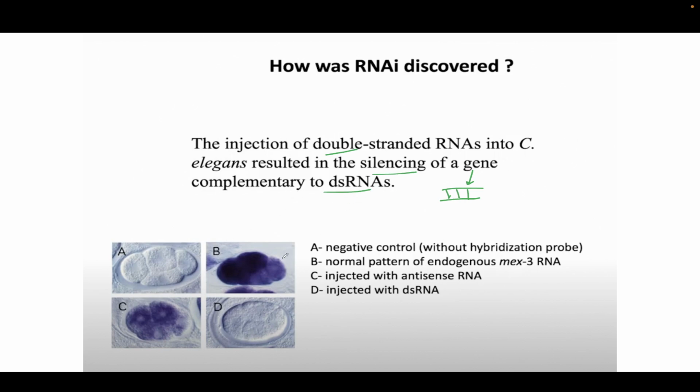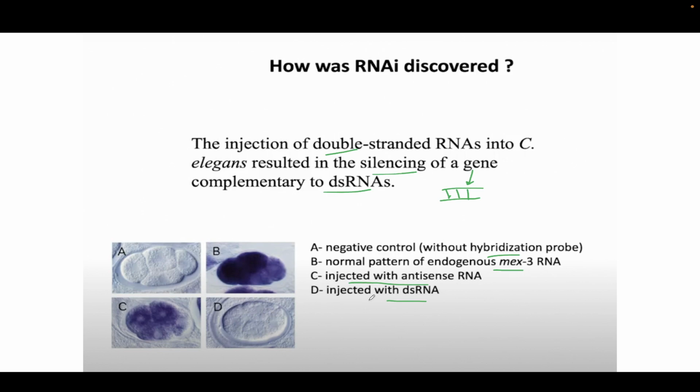So this type of mechanism happens. This is A, which stands for a negative control without hybridization probe and the normal pattern of endogenous MEX3 RNA. This is your normal pattern, and then injected with antisense RNA. We just talked about the mechanism of antisense RNA, how it silences a particular gene. Then injected with a double-stranded RNA. Now you can see, if we inject this particular gene in C. elegans with double-stranded RNA, this gene got silenced completely.